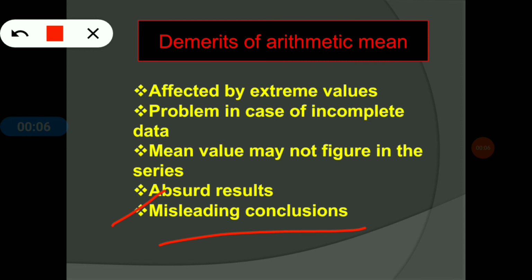Arithmetic mean presents misleading conclusions also, because when we have qualitative data like data on intelligence, honesty, smoking habits, or incomplete data series, it gives absurd or illogical results. So the value of arithmetic mean will not help us to give proper results or conclusions. I think these merits and demerits of the arithmetic mean are clear to everyone.